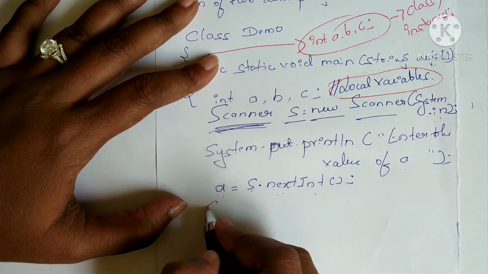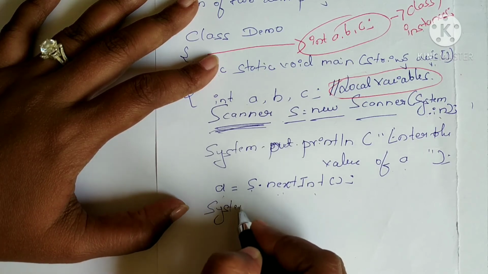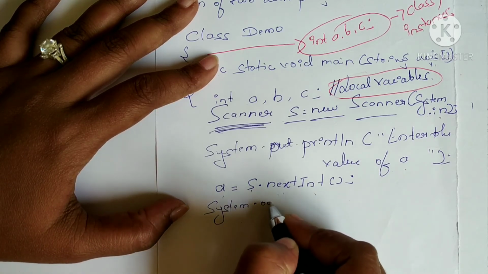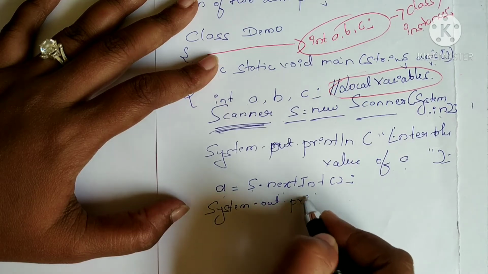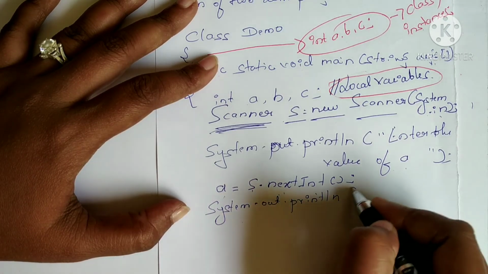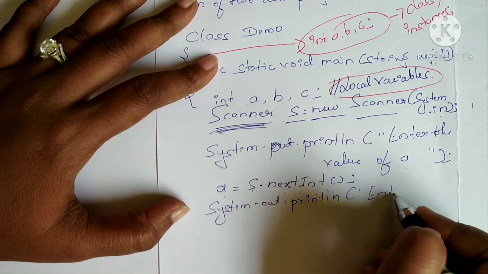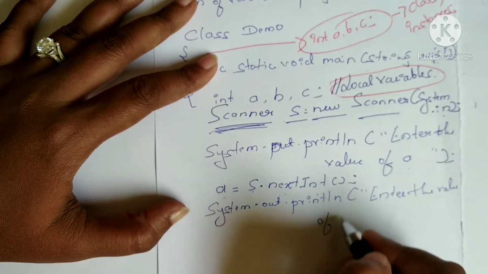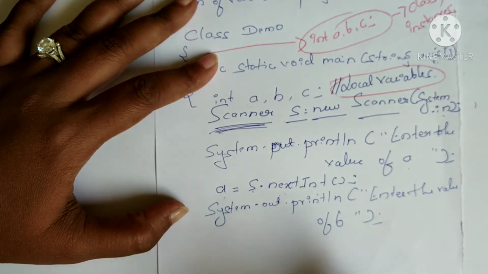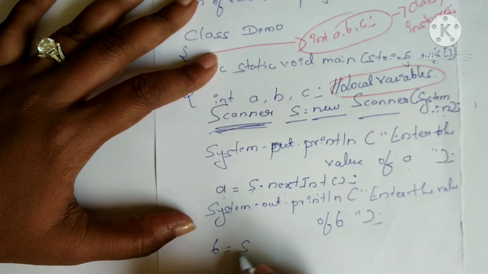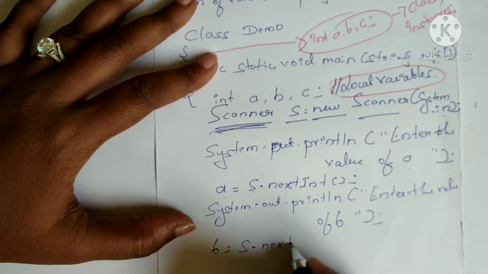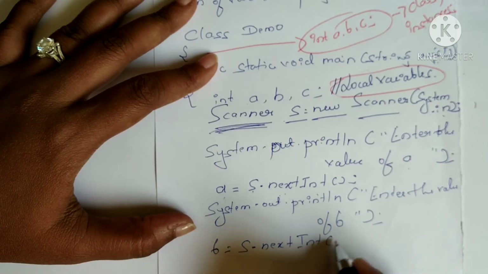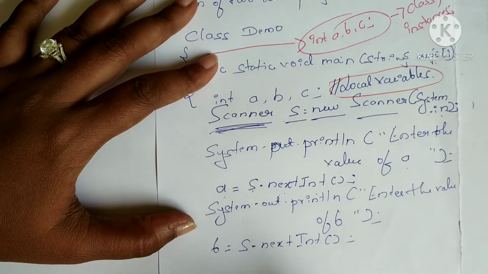For b's value, again we write System.out.println to enter the value of b. For this b value, b equal to s dot nextInt.